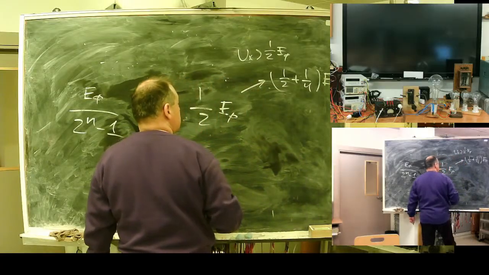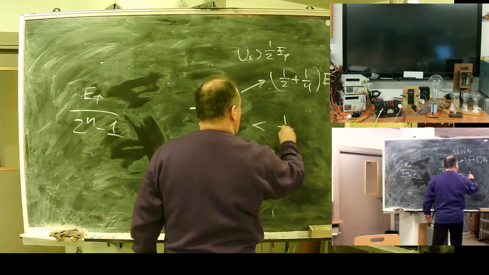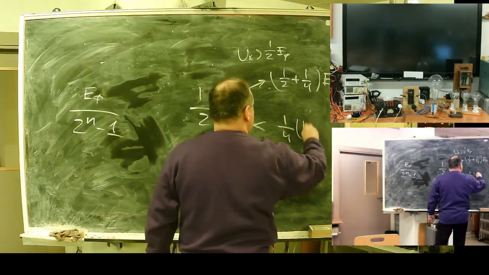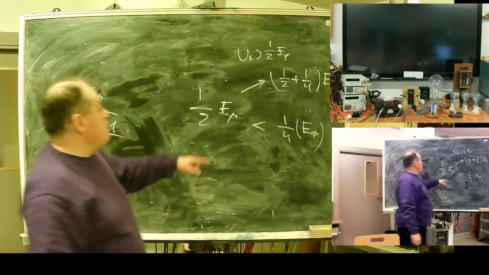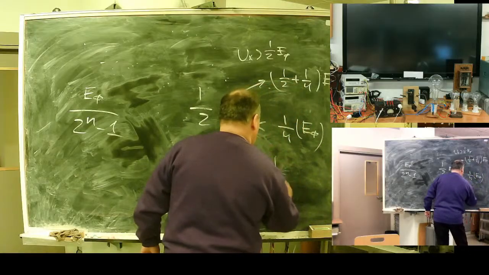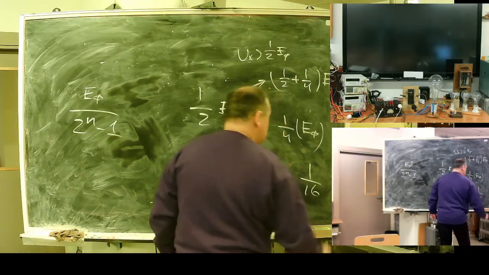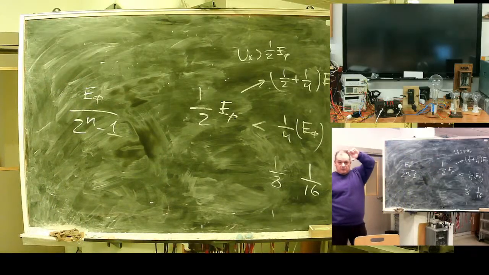If less, it will be compared to 1/4 of E0. Understand how it works? If greater here, the next comparison will be 1/8, 1/16, and so on. So a power of 2 in the denominator is added.